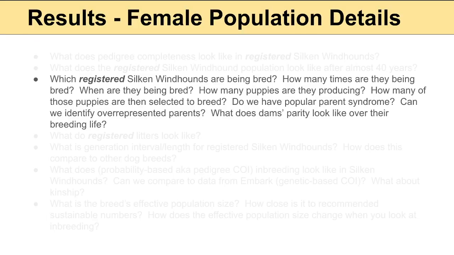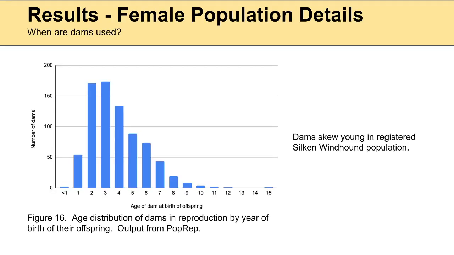What does this look like in the female population? We're going to start with the age of the dams. So when are dams being used? This is from PopRep, and we're looking at the age distribution of dams in reproduction by year of birth of their offspring. What we're seeing here mirrors the male Silken Windhound population: these dams are skewing young.